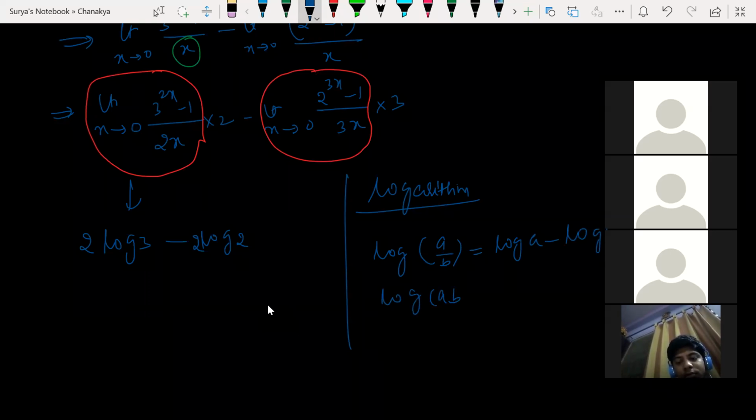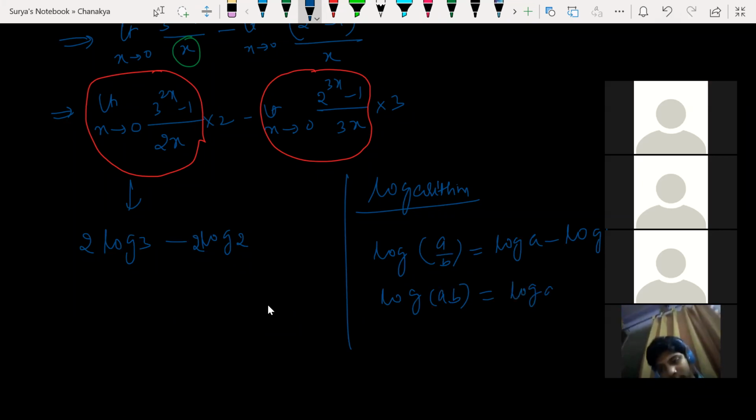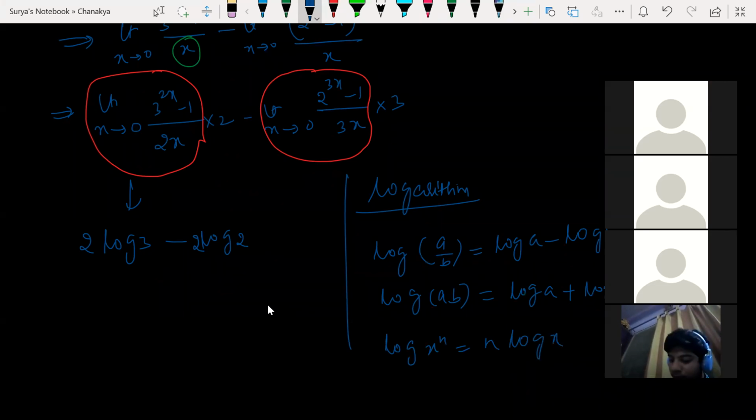Log ab gives me log a plus log b. Log x to the power of n gives me n into log x. If you have log x to the power of n, this n will be jumping forward and sitting here. So n into log x, I could write that.